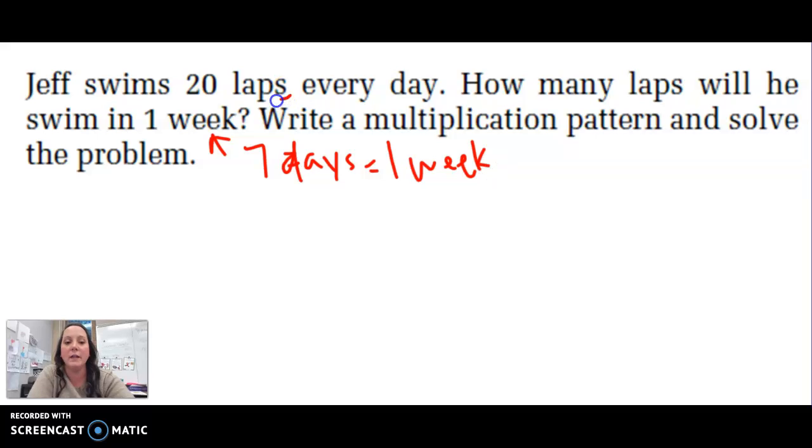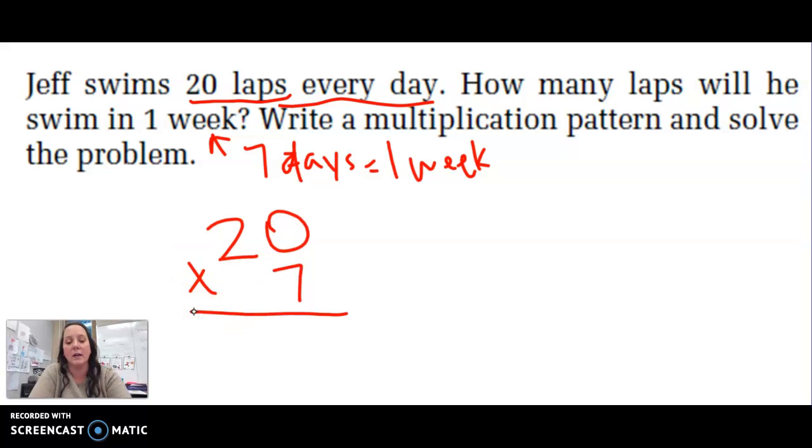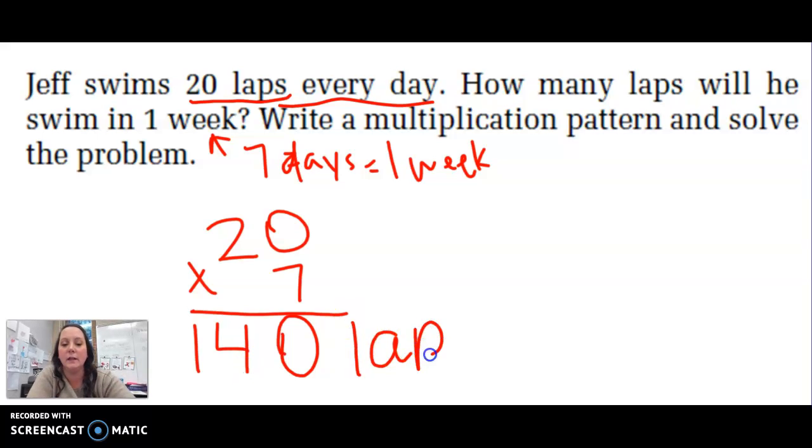So if every day he's swimming 20 laps, how many laps will he swim in 7 days? 20 times 7. 7 times 0 is 0. 7 times 2 is 14. He will swim 140 laps in 1 week.